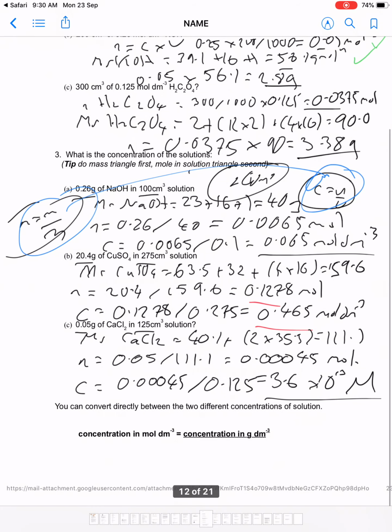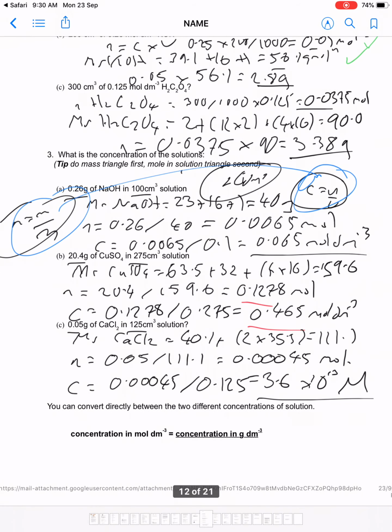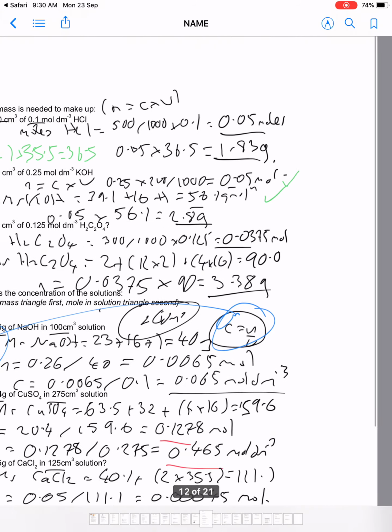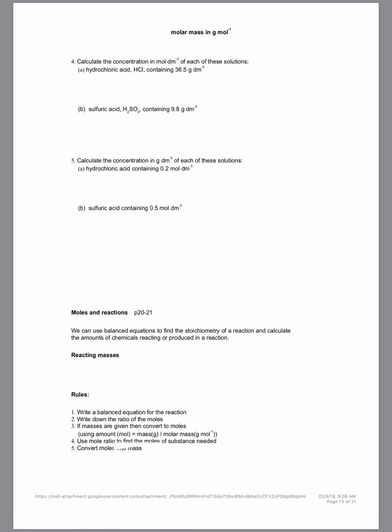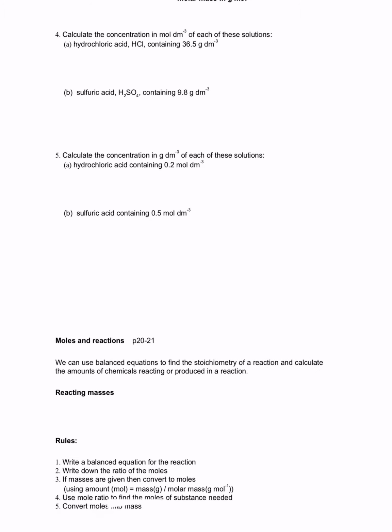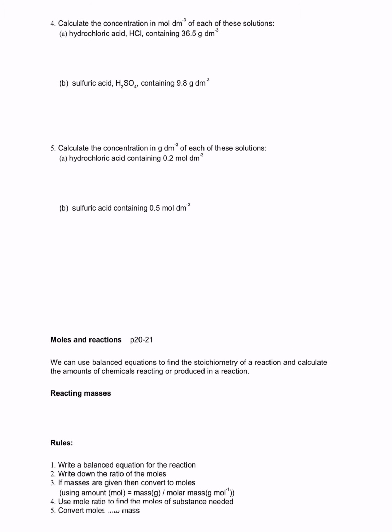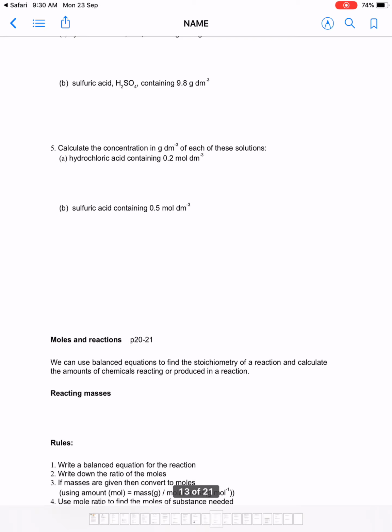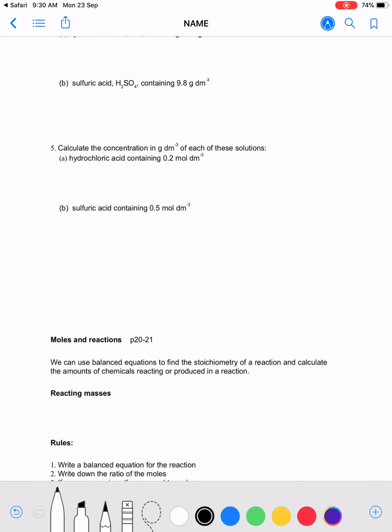Okay, you can convert directly between two different concentrations in solution. So if you're going from concentration in moles per decimeter cubed and you want concentration in grams per decimeter cubed, let's have a look at how we do that. Calculate the concentration in moles per decimeter cubed of each of these. So hydrochloric acid containing 36.5 grams per decimeter cubed.